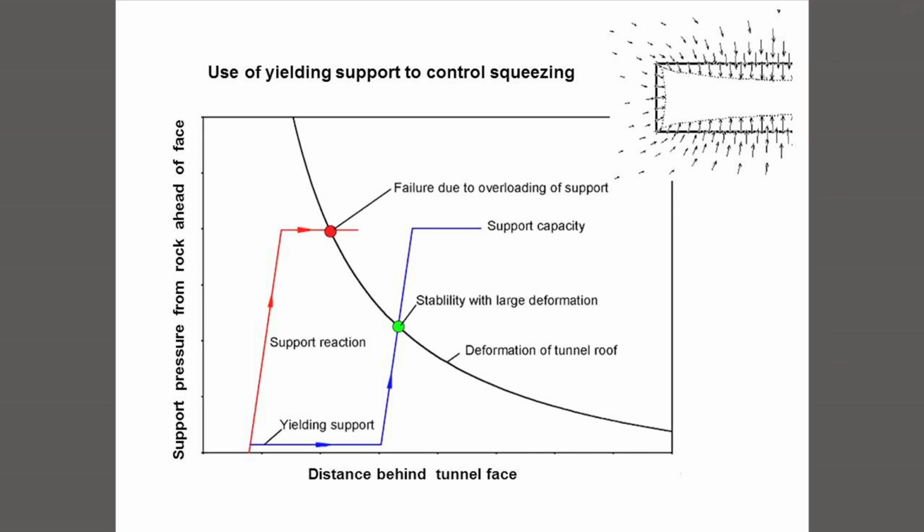So what you do is you put the support in a rudimentary form of, let's say, steel sets, but you allow it to yield, and it is only activated when you are sure that its capacity will be adequate. So the blue line here is a yielding support system which kicks in perhaps 15 meters behind the face, and as it picks up the load, it reaches the intersection with the required support line and stabilizes the tunnel.